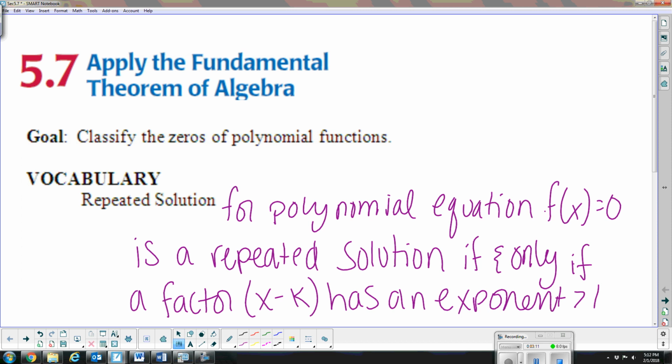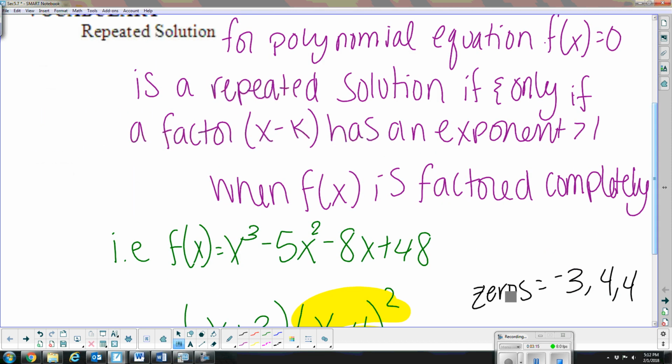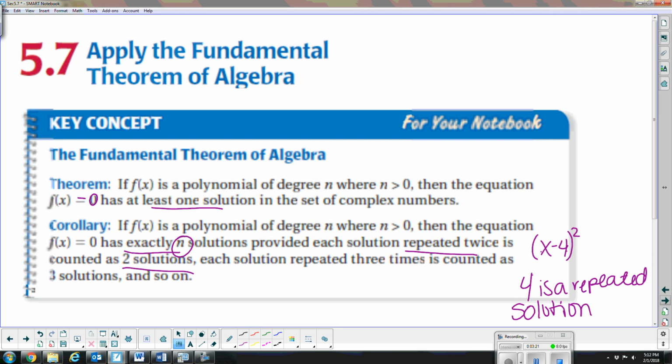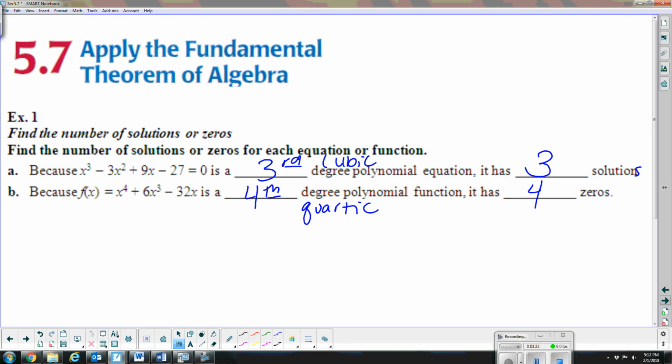So in our last example again, the degree of this polynomial was 3, so we had 3 solutions: -3, 4, and 4. So if you look at this next example, applying those fundamental theorems of algebra, because x cubed minus 3x squared plus 9x minus 27 equals 0 is a 3rd degree polynomial, or cubic polynomial equation, it has 3 solutions.